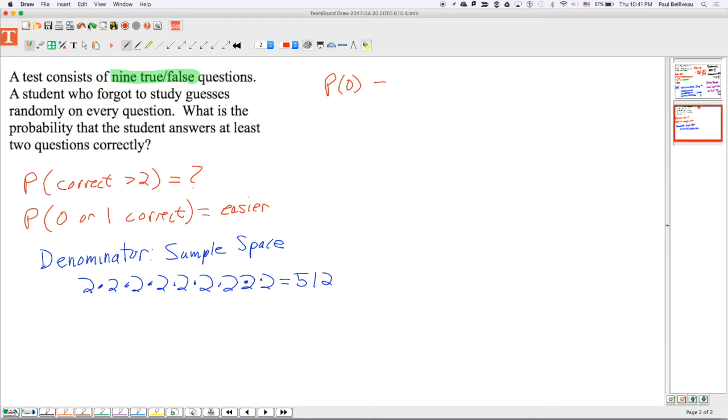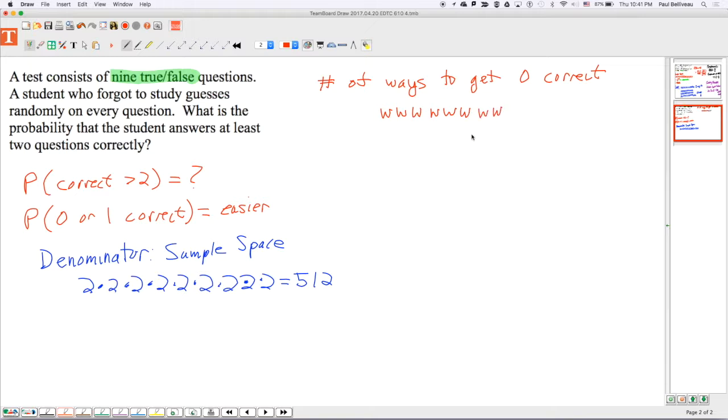We're not doing the probability yet, we're counting. The number of ways to get 0 correct is you put the wrong answer down every time.